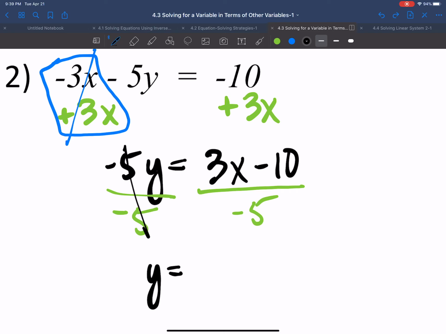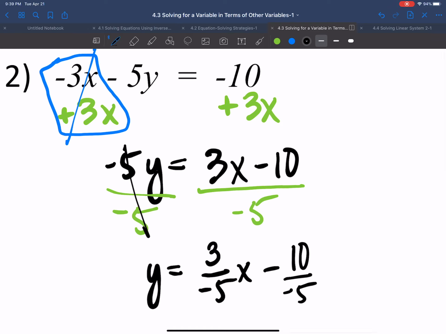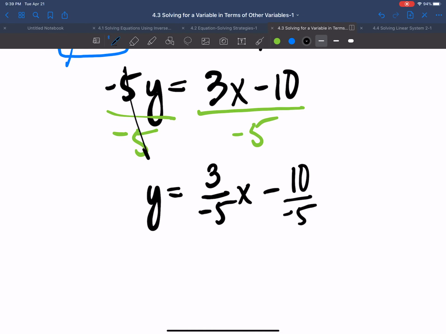So this means 3 over -5 x minus 10 divided by -5. Each term in the numerator is divided by -5.